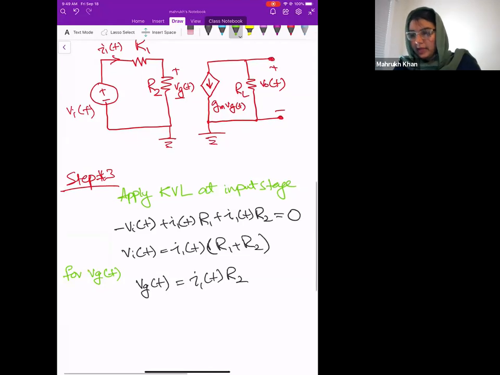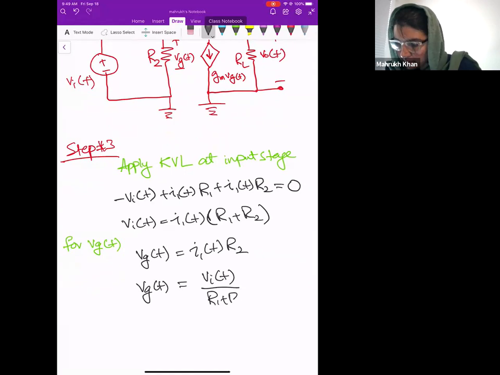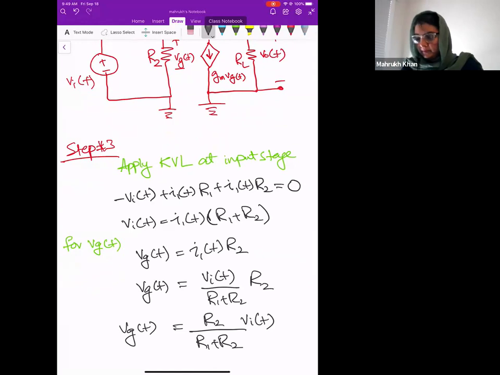So I1 of t can be written as, so Vg of t will be equal to, or you can simply apply the voltage divider rule as well, okay?